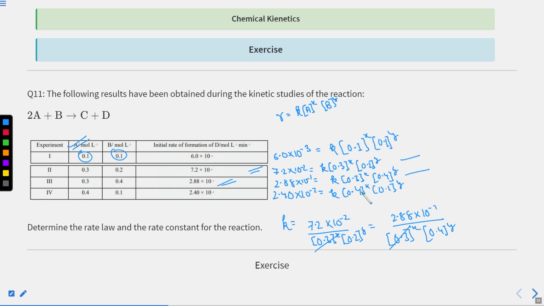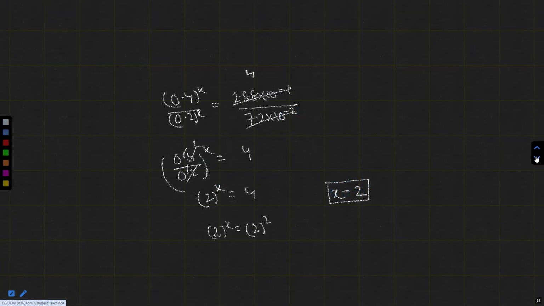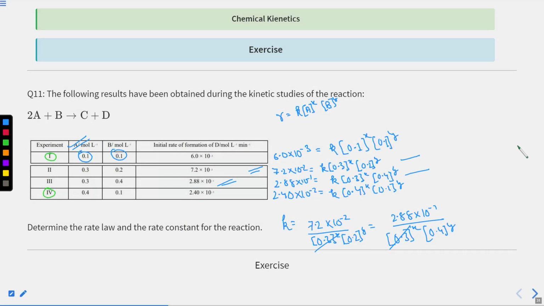We will take such rate expressions in which B concentration is kept constant. For that we have this 1 and 4. In 1 and 4 the concentration of B is kept constant, where A has been changed.